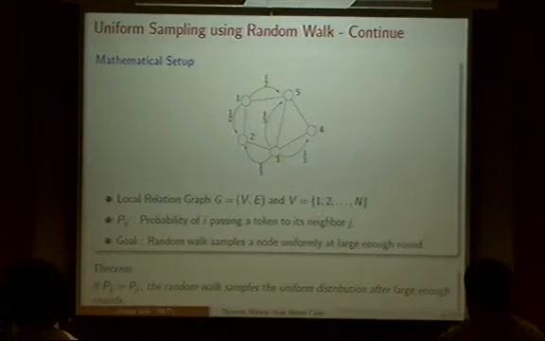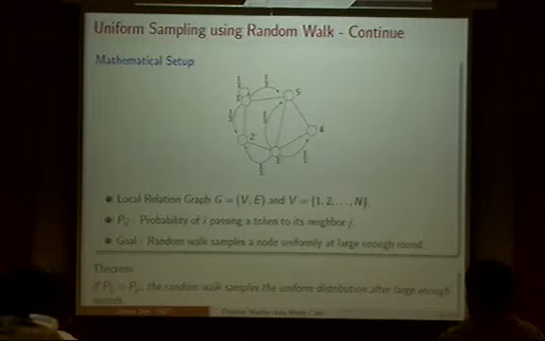How can you fix this problem? It can be easily fixed by adding a self-loop. Now, node 1 has a self-loop with probability 1 over 3. It means that 1 keeps the token with this much probability.